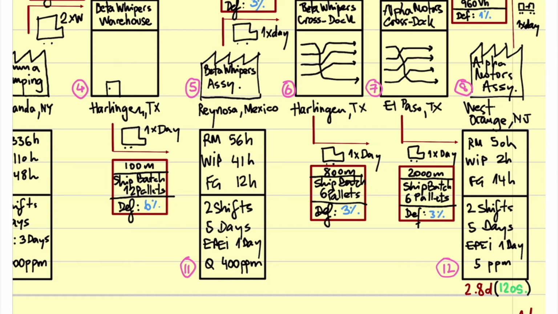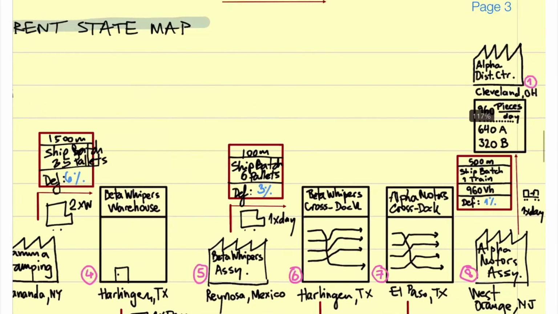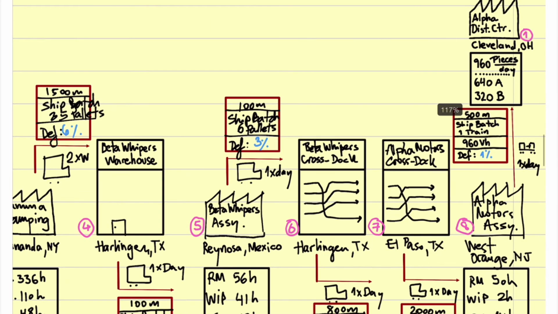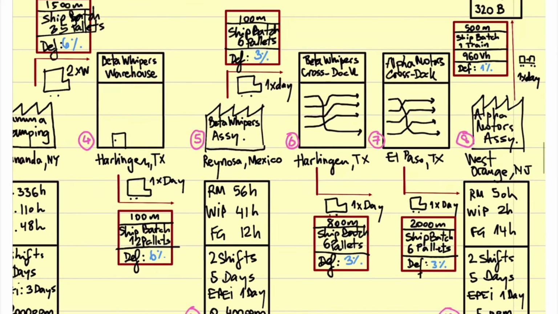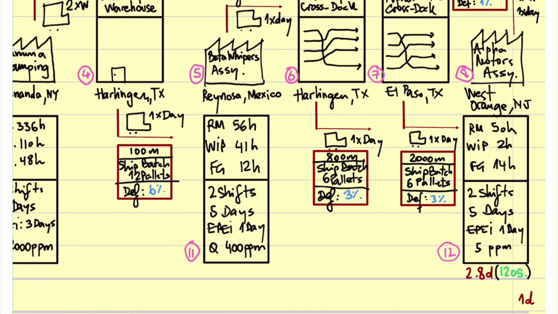Where do we get these 2.8 days from? Well, we know that our customer wants 960 pieces per day. And we know we have this much inventory: 50 hours, 2 hours, 14 hours.